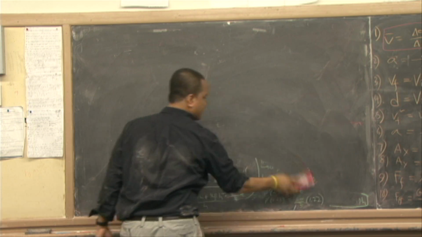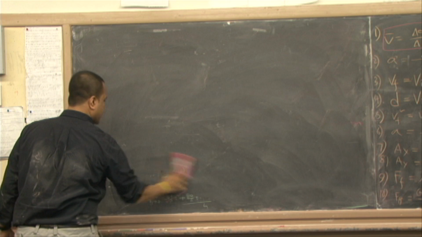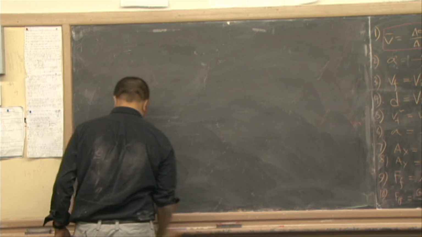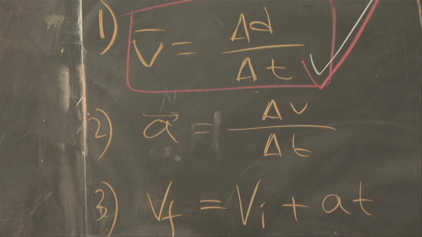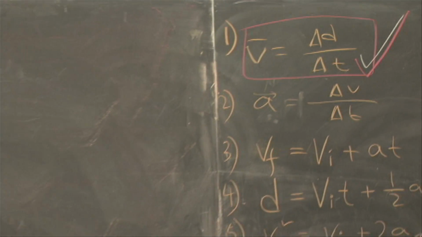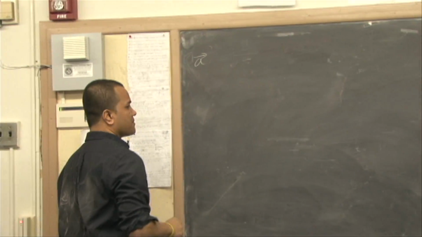So the next one is acceleration. We'll try to understand the acceleration of something that is moving. When the object doesn't move, there is no acceleration. So something has to move in order to have some acceleration. Acceleration is a vector quantity.